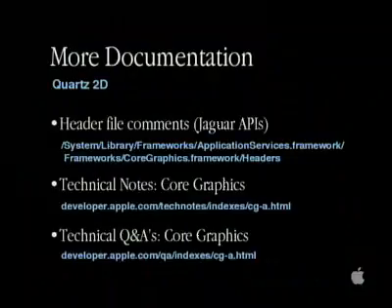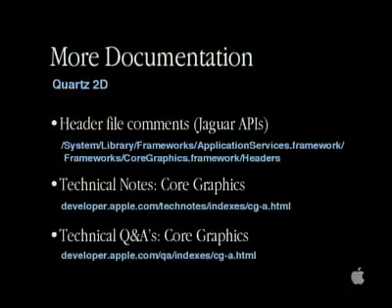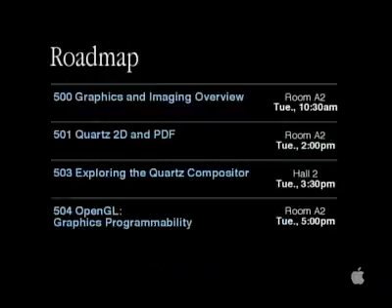And the principal way, I think still, for the new Jaguar APIs to get information about some of the functions was the header file comment. So if you look in the headers in the Core Graphics framework, there's some technical notes listed here. And as I mentioned before, some of the sample code will be provided by DTS. So now if I could give this back to Travis, he will take us to the end of the presentation. Thank you.